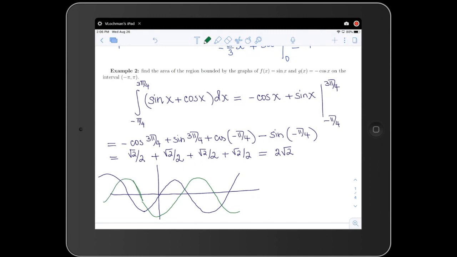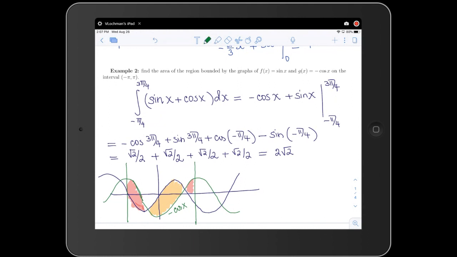The cosine was below, so negative cosine x over here. The piece that we found is this piece right here, and the pieces that we're missing would be this piece and this piece. My graph is not very nice, but on Desmos you can see that they add up to exactly what that middle is.